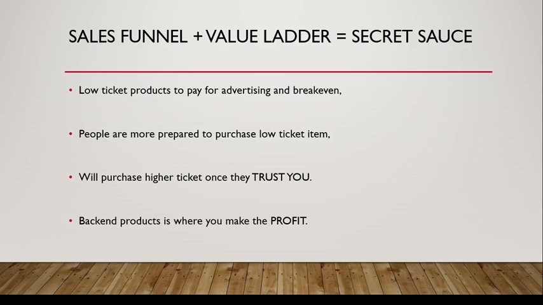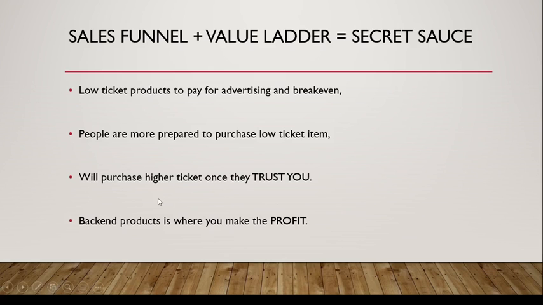People will be more prepared to buy low ticket items. High value, low ticket. People aren't too fussed about spending £5. They are fussed if you go straight in at $97 or $1,000. So get the value, get the trust, low cost at the start.